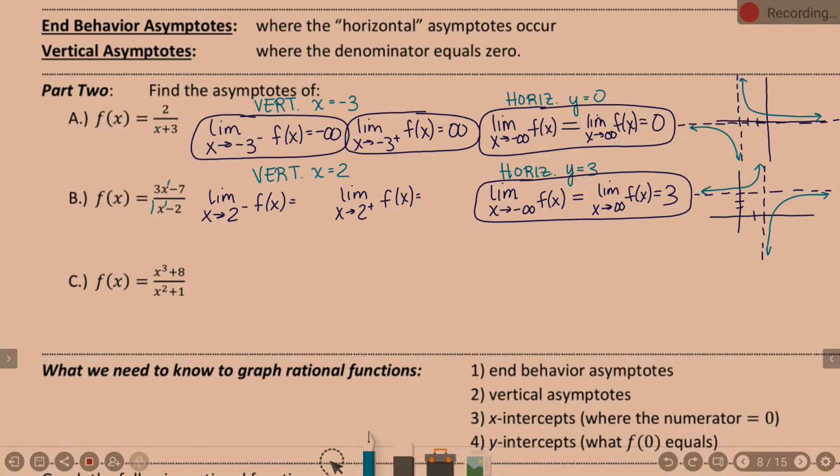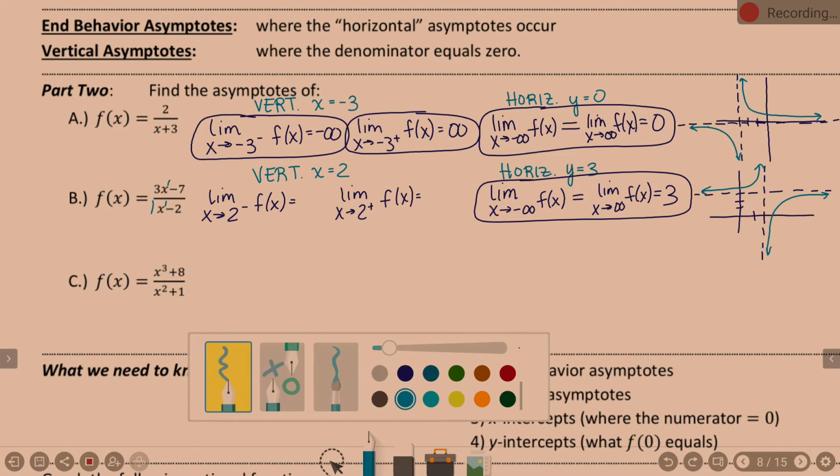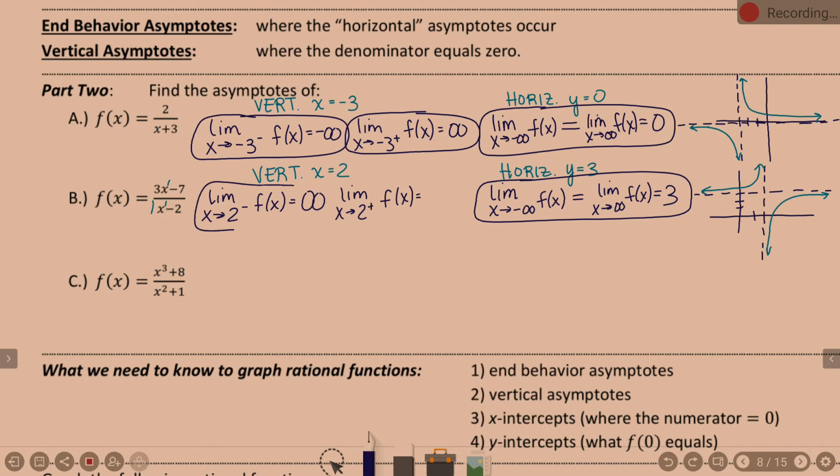What are we doing on the left? As we approach 2 from the left, my graph is going up. Up is going to be positive infinity. What about as x approaches 2 from the right? Tracing my graph, it is going down, which is negative infinity.